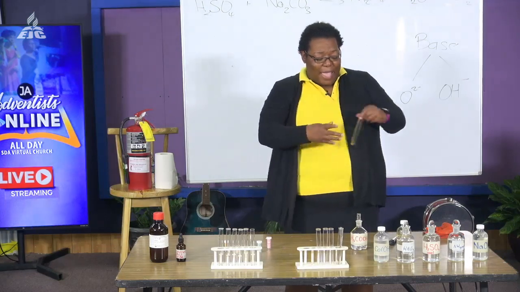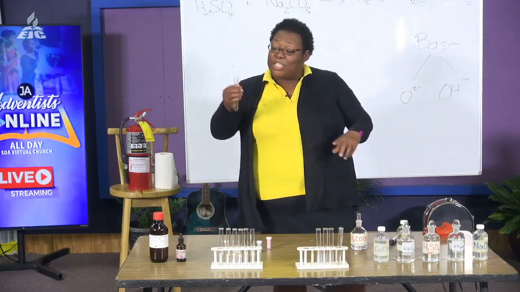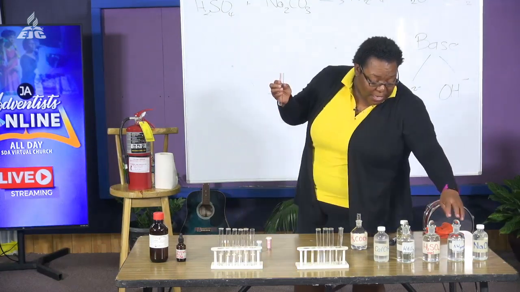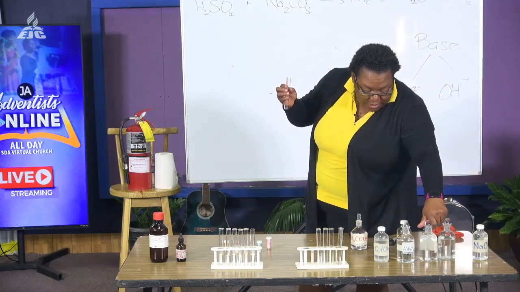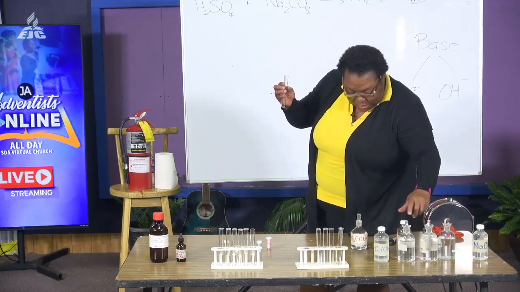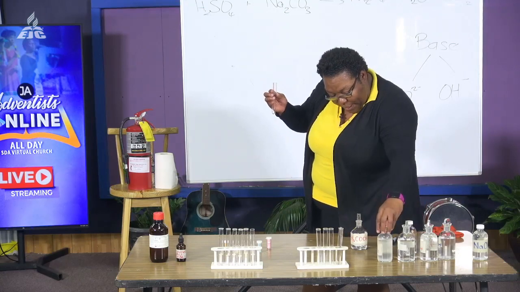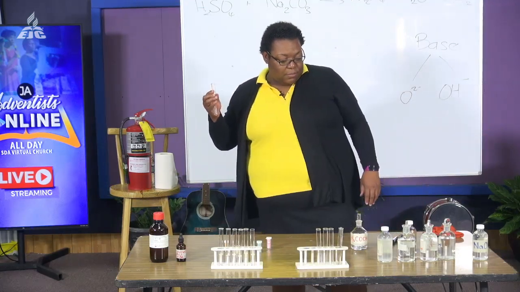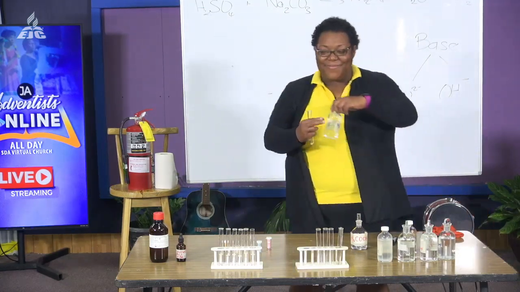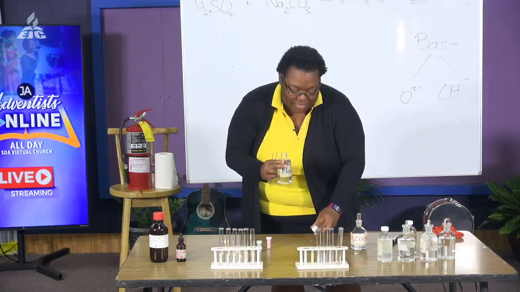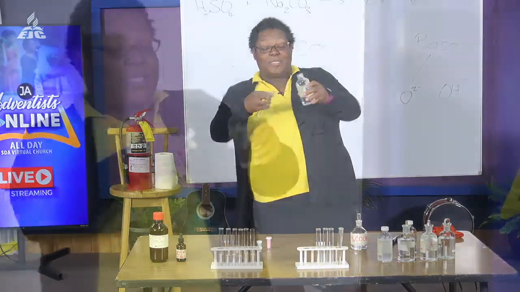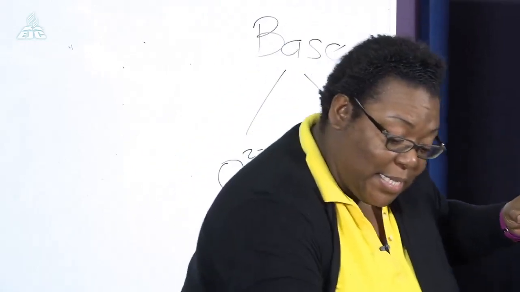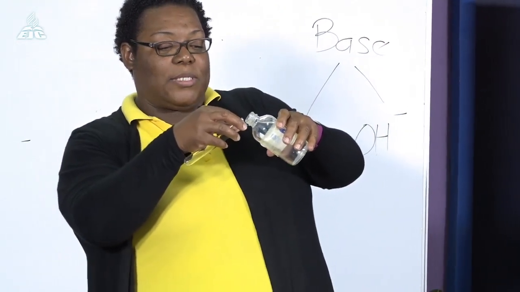I can even add a base to this and change this litmus paper back to blue. Let us see if that will work. Because we know that alkalis turn red litmus blue.